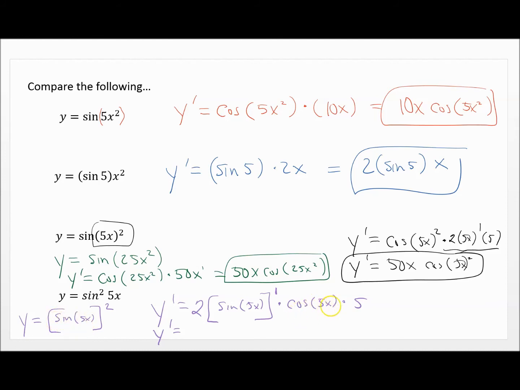I rewrite the 5x times the derivative of 5x is 5. Okay. Now what I do have here is constant multiples. I have a 2 and a 5 at the end. I'm going to say that's 10. And then times the sine of 5x times the cosine of 5x. And that doesn't get any better looking than that. That's as simple as that gets.